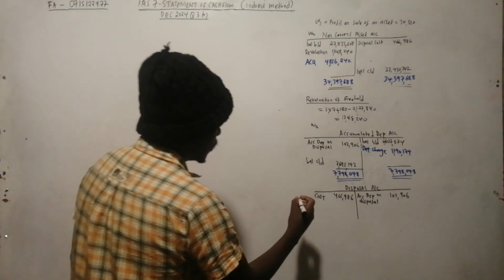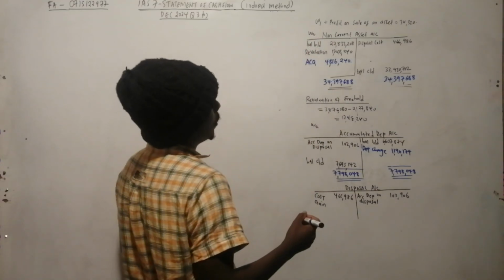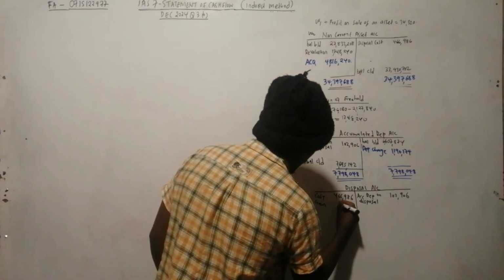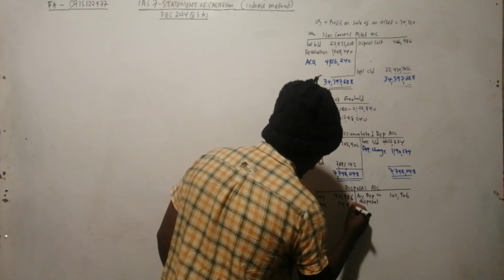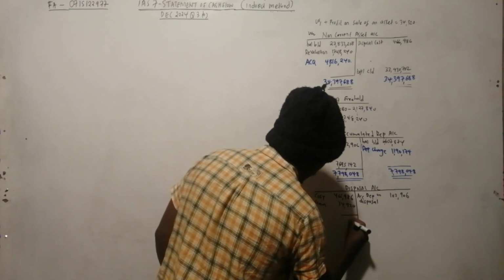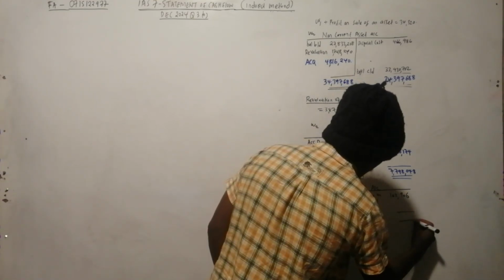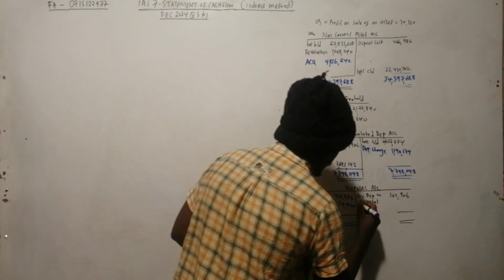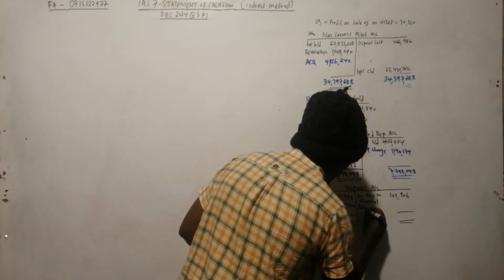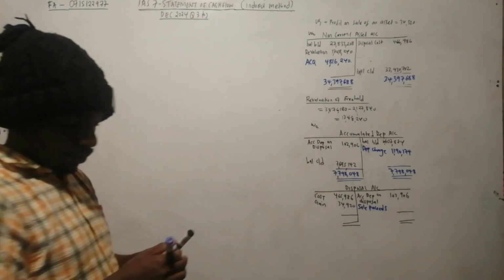Then you check if you have a gain or loss from the sale of an asset. Now we had a gain. The gain is 34,920. Then we balance this account. If we balance this account, it means the balancing figure will be the sales proceeds.